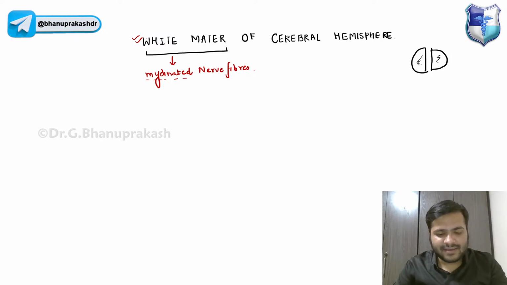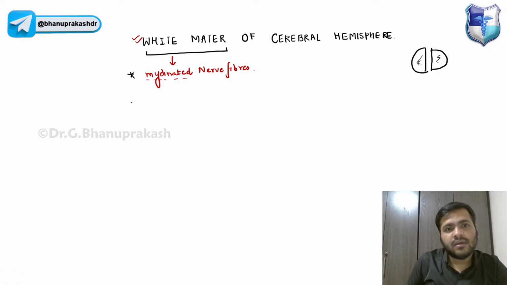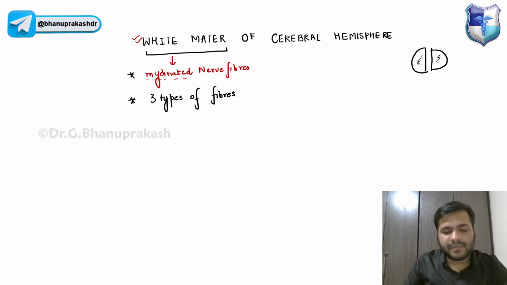Chalo, let us now remember, guys, that there are three types of fibers present in the white matter.